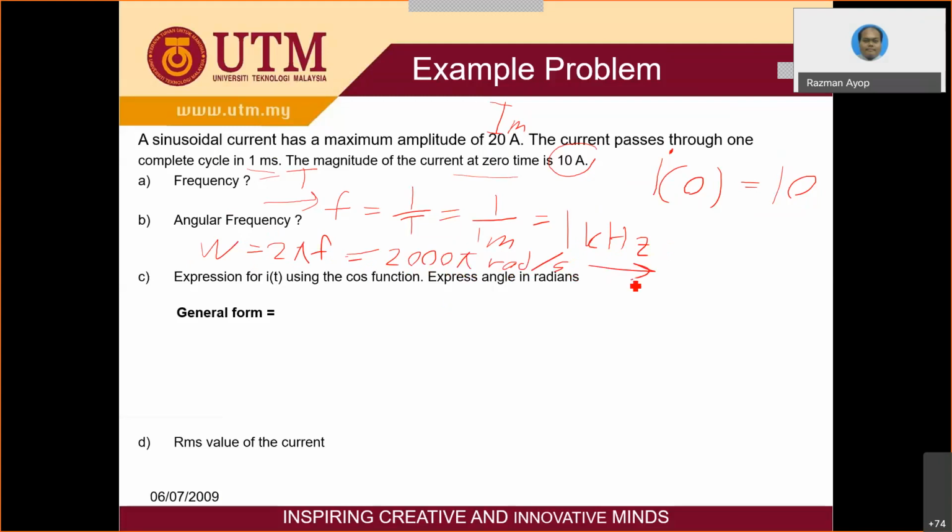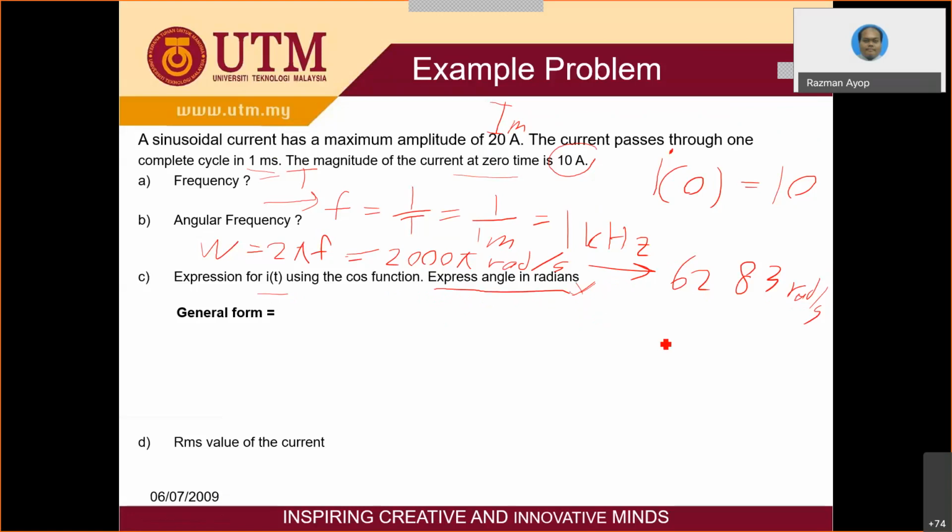Make sure the unit is correct, and sometimes you can use the value 6283 radians per second. Express the angle in radians: what is ωt, expressed in radians? So be careful if the question asks for radians. Make sure you know how to convert.